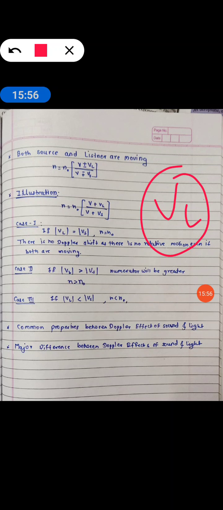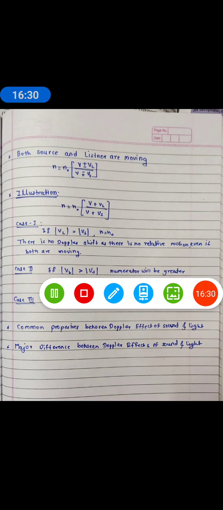In this case, the listener is approaching with velocity Vl, so V plus Vl is taken. Then in the denominator, Vs is moving away, the source is moving away from the listener, so the plus sign is taken. I told you that if the plus sign is in the upper part, they are approaching, and for recession the other. In the denominator, minus sign for approach and positive sign for recession. Okay, these are the conditions for the signs.